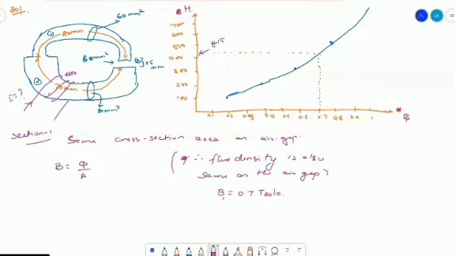So you may get something different because you are drawing this graph approximately using freehand. So obviously you must be getting something different, but the procedure matters. Okay. So B1 is equal to 0.7 Tesla. So accordingly you get H1 is equal to how much? 415 ampere turns per meter. So this we can get from the graph.